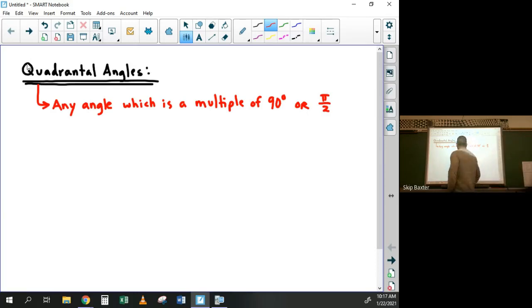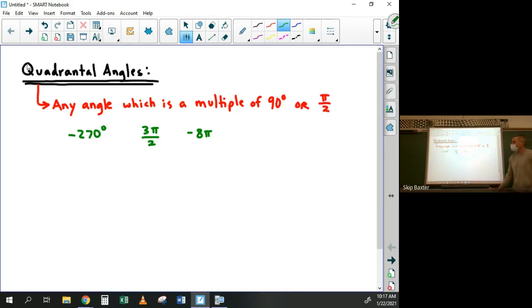So, for example, negative 270 is a quadrantal angle. As is 3 pi over 2. Or negative 8 pi. Or whatever. These are all examples of quadrantal angles.